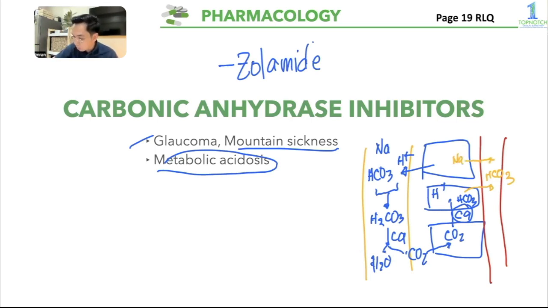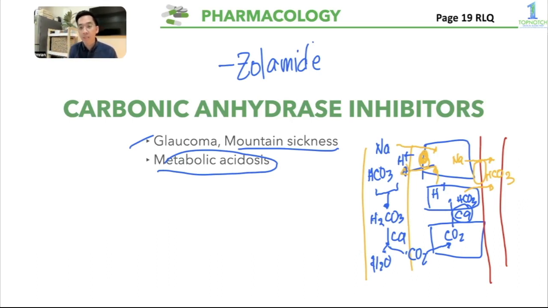Kasabay ni sodium dun sa isang transporter na same sila, okay? Pero si sodium dapat manggaling siya sa wiwi, no? Papasok in exchange for palabas na proton. Okay? So, na-imagine niyo yan. Nagaling din dito dun sa H+ na nag-dissociate. Siya rin yung molecule na yun.